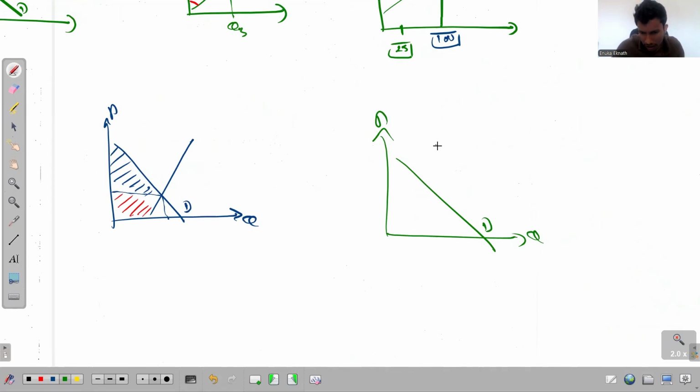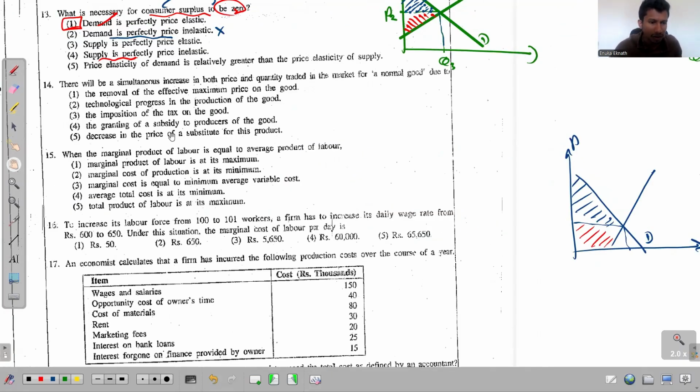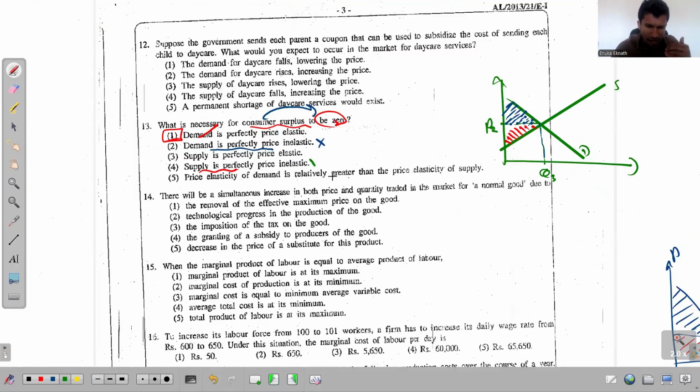If so, this is the shape of the supply curve. So once again, for this 25th quantity, this is what the consumer is willing to pay, and this is the amount that he really pays. So this difference, this total region covered by this triangle, we recognize as the consumer surplus, and that is not zero. And that's why we don't take this as the answer.